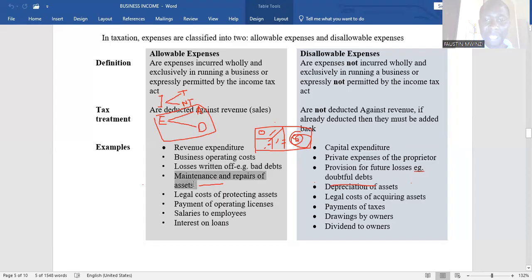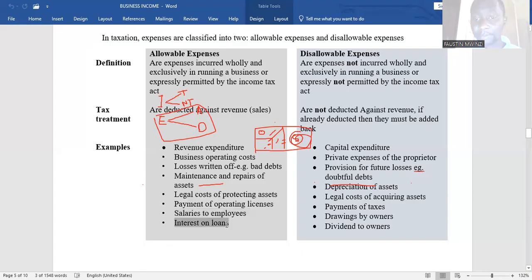Maintenance and repairs of assets is allowable. Legal costs of protecting assets are allowable. Payment of operating licenses are allowable. Salaries to employees and all expenses in the name of staff welfare. If you incur costs for the benefit of your staff, it is allowable.